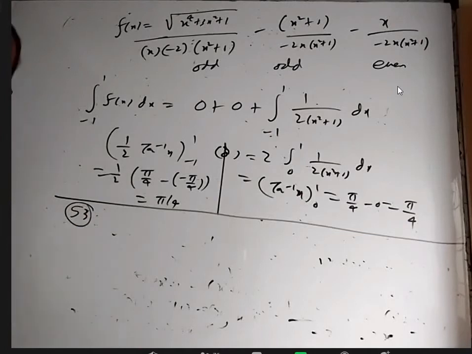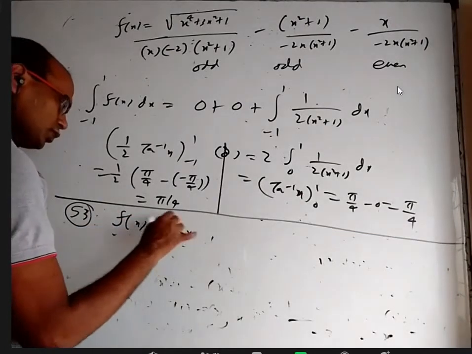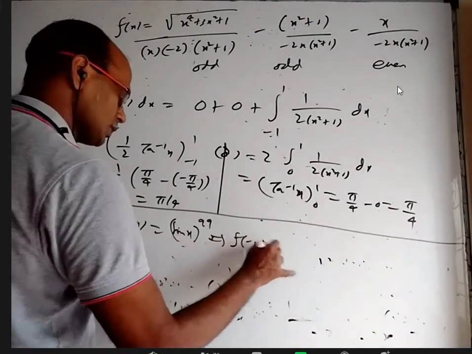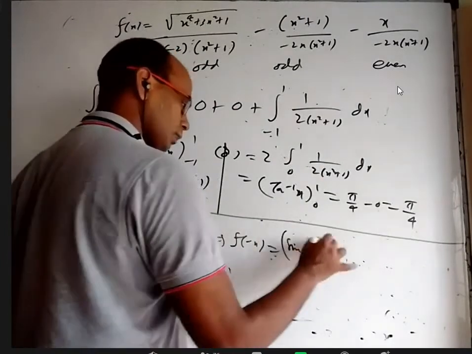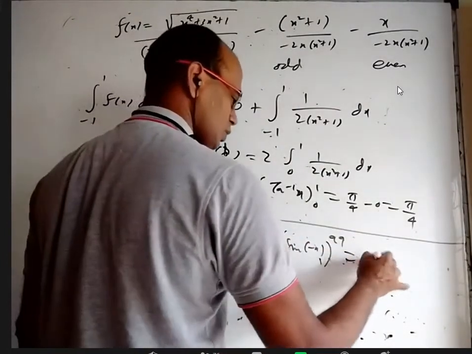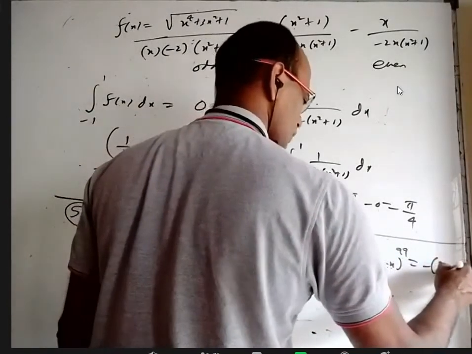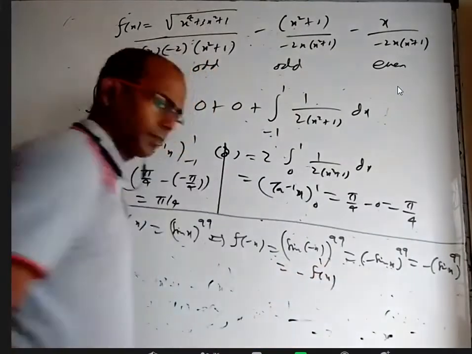Okay, 53. If you take f of x is equal to sine x whole power 99, f of minus x is sine of minus x whole power 99, which is minus sine x whole power 99, which is minus f of x.